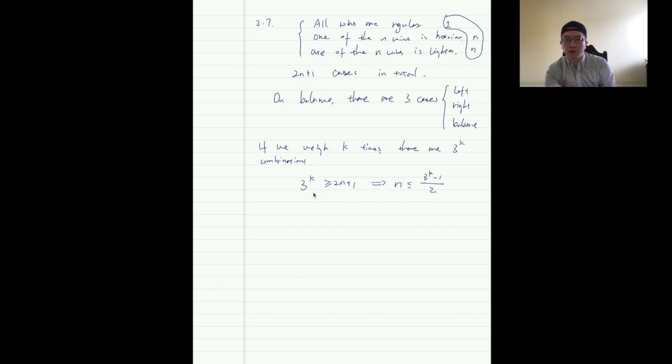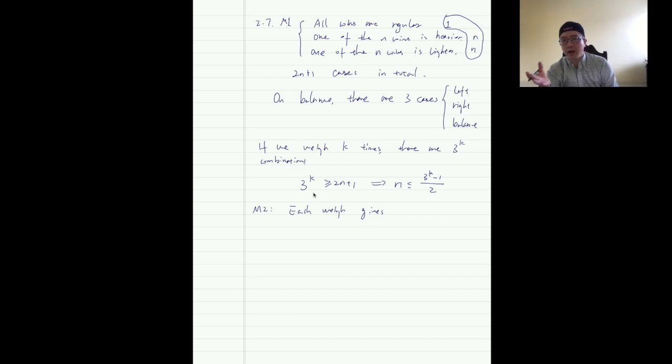And the other way of thinking is by entropy, right? So maybe you would say this is method 1, M1. And our method 2 is that we consider it from the amount of information point of view, right? We say each weighing gives how much information, right?